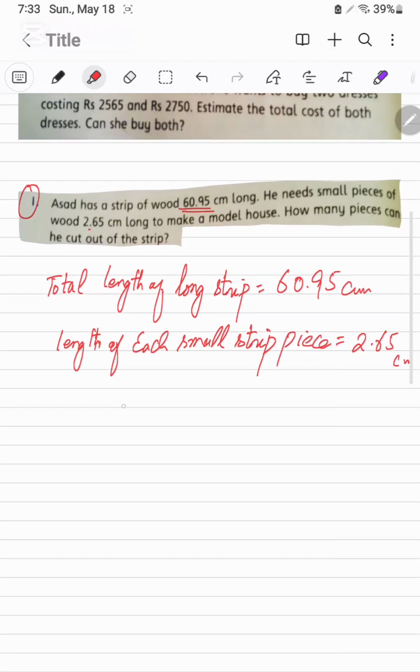We are going to find the number of pieces.